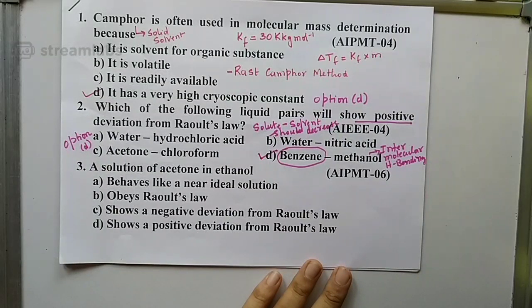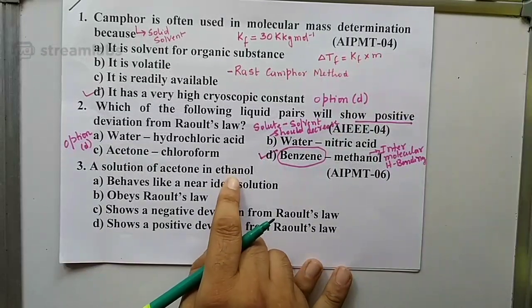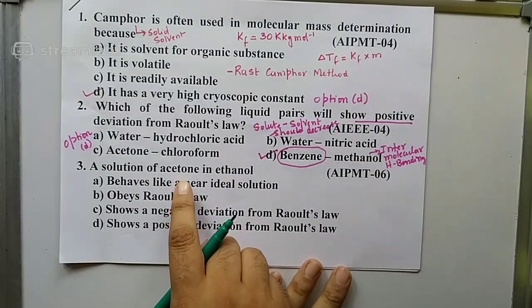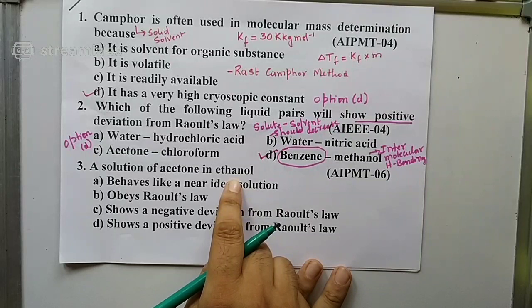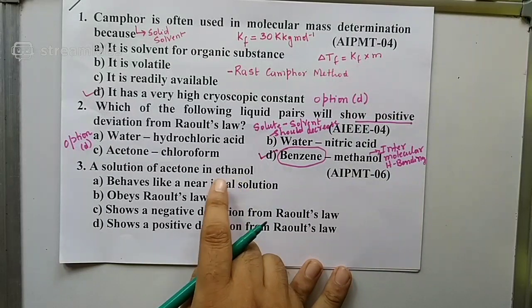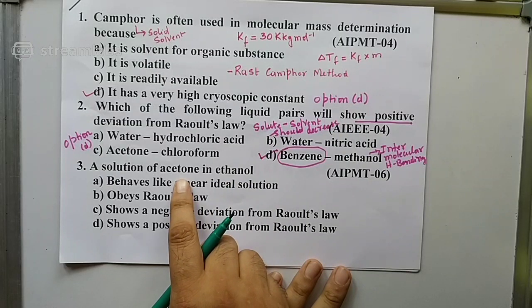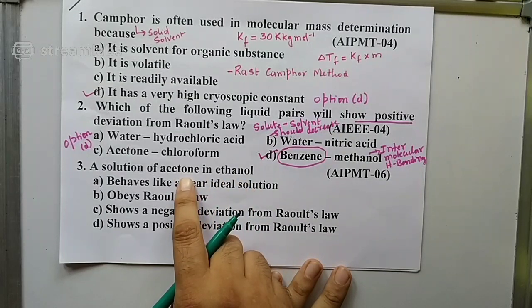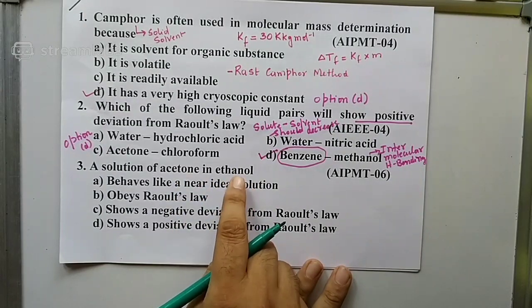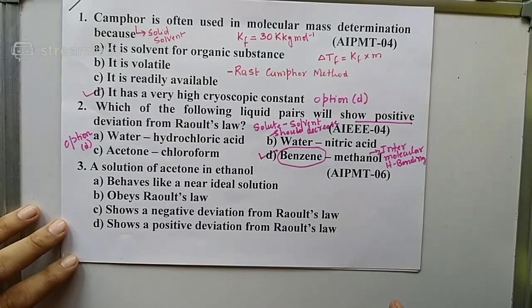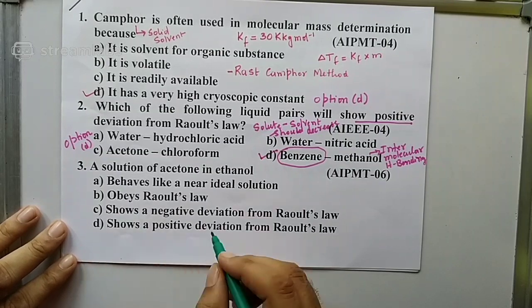As I taught you in the class, between ethanol molecules there would be hydrogen bonding. By adding acetone molecules, this would break the hydrogen bonding between ethanol molecules, and the interaction of acetone with ethanol is less as compared to the ethanol-ethanol interaction. So that should be an example for a solution showing a positive deviation.